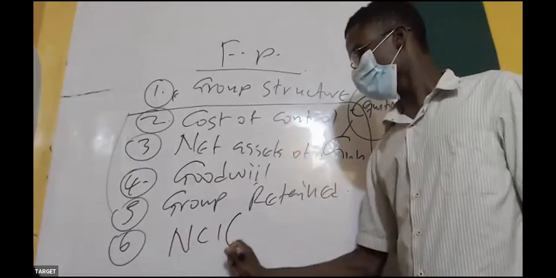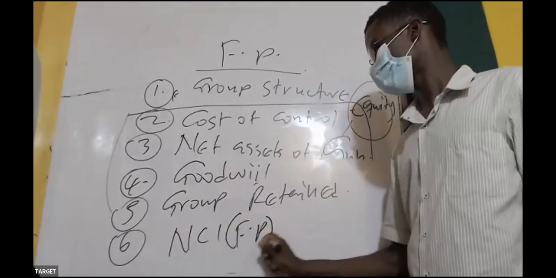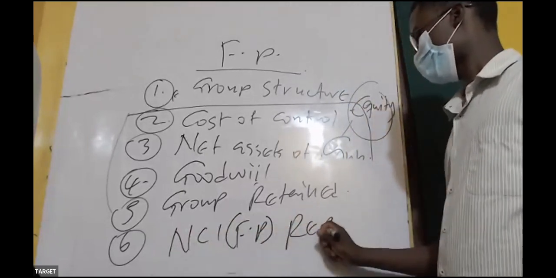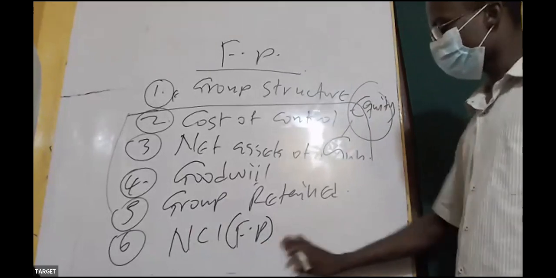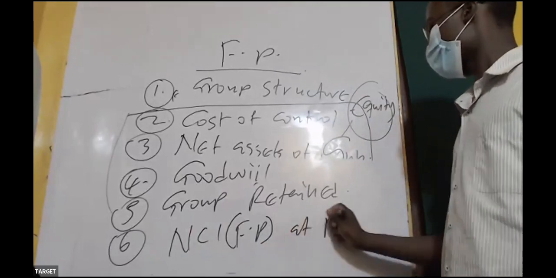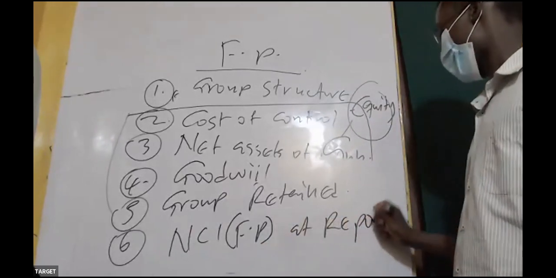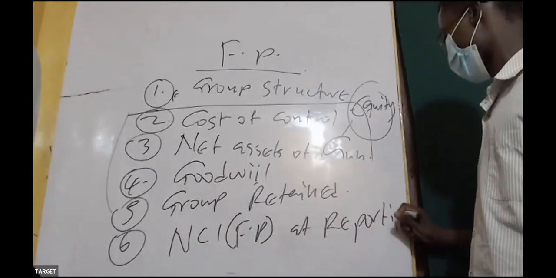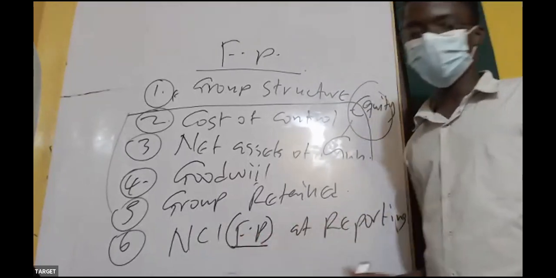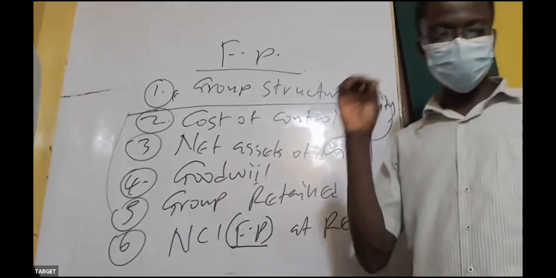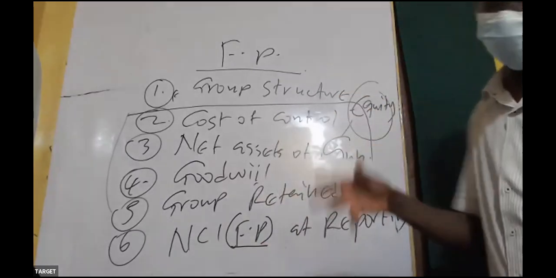Normally, I put financial position in brackets. Why do I put financial position there? Meaning that if you go to the financial position, there's a particular NCI that goes to P&L and there's one that goes to financial position.